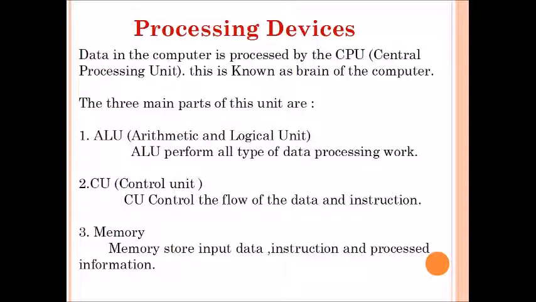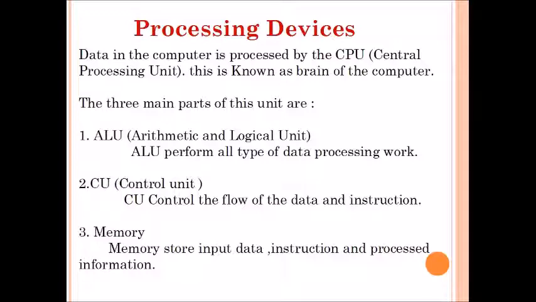ALU means arithmetic logical unit. The ALU performs all types of data processing work, meaning it performs all the arithmetic operations. Then CU, the control unit, controls the flow of data and instructions.